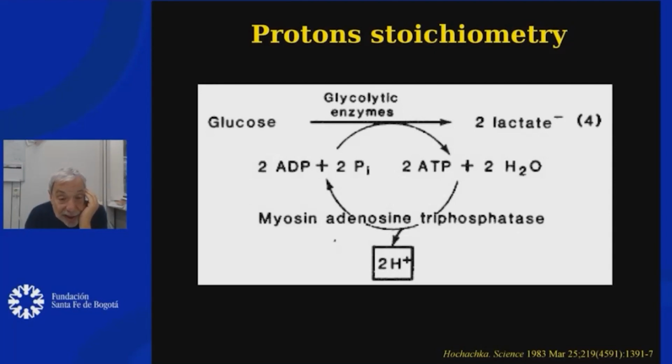During this process, we produce 2 moles of ATP per mole of glucose, which is immediately recycled to have again ATP. So this one plus this makes again ATP.